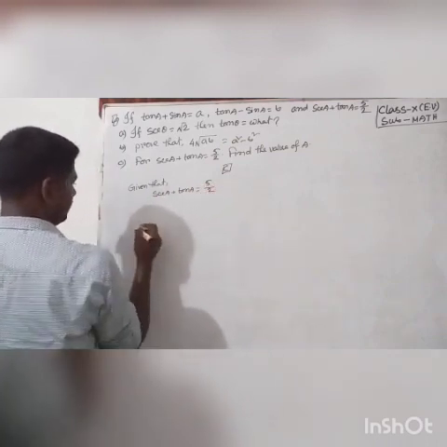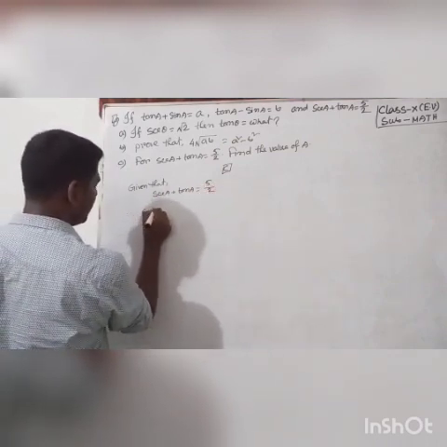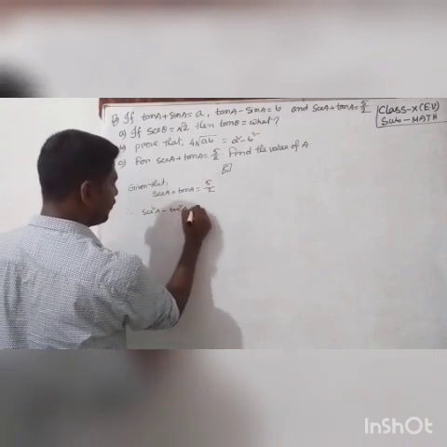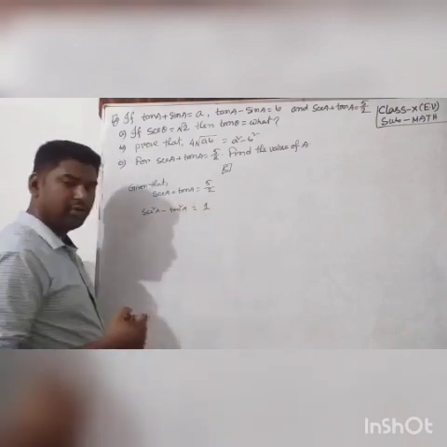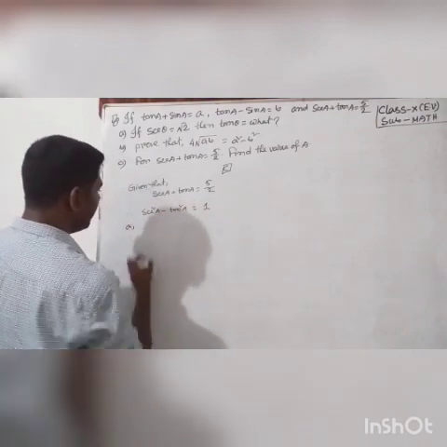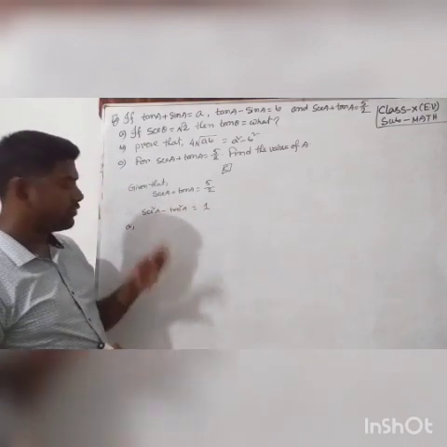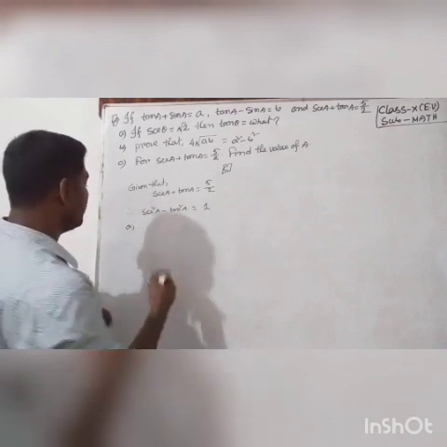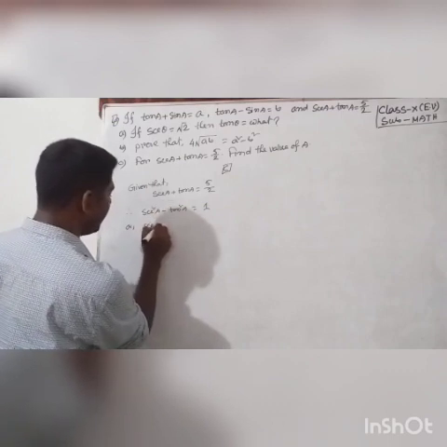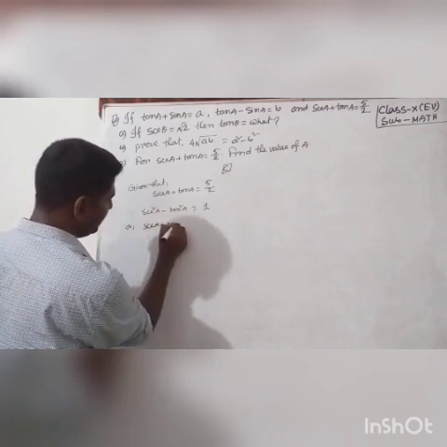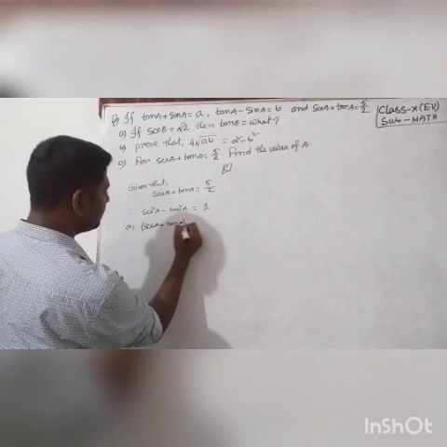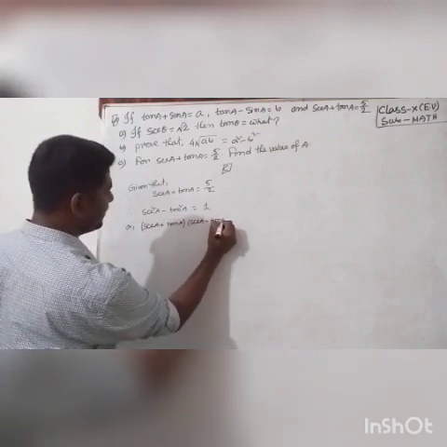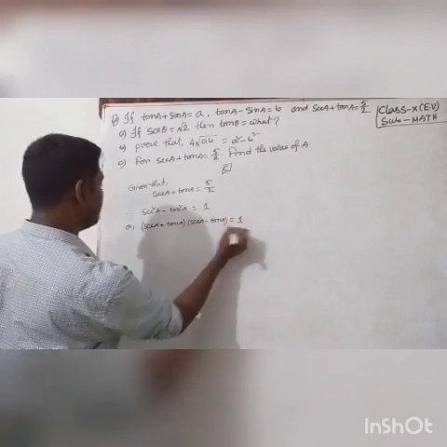We know sec square a minus tan square a equals 1. This is a square minus b square form, so we can write a plus b into a minus b. So sec a plus tan a into sec a minus tan a equals 1.